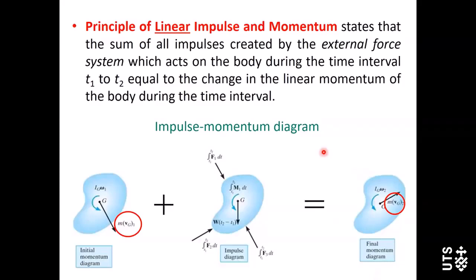Principle of linear impulse and momentum tells us the summation of all impulses created by the external forces acting on the rigid body during the time interval from T1 to T2 equals the change in the linear momentum of this rigid body during the time interval.